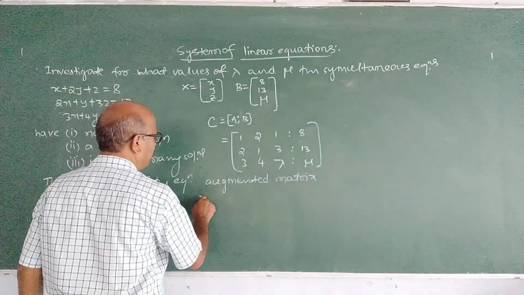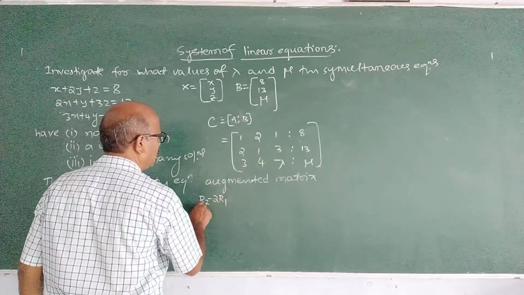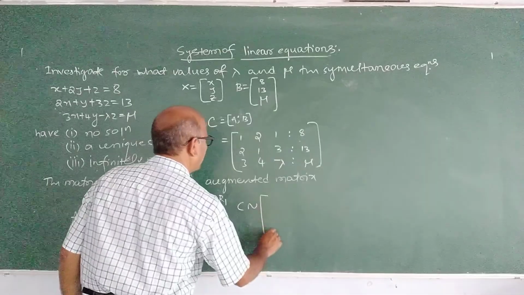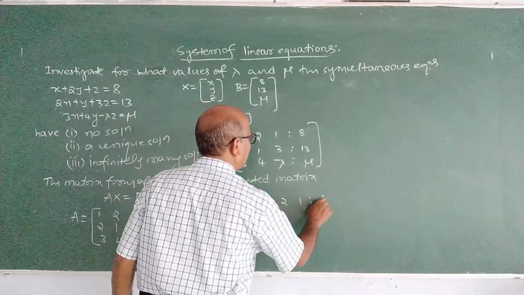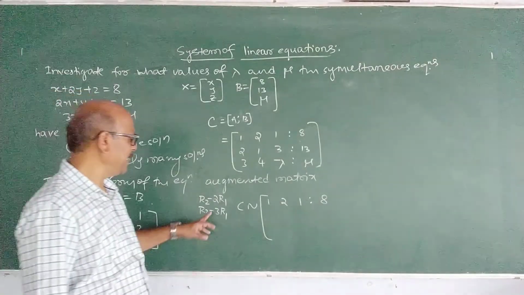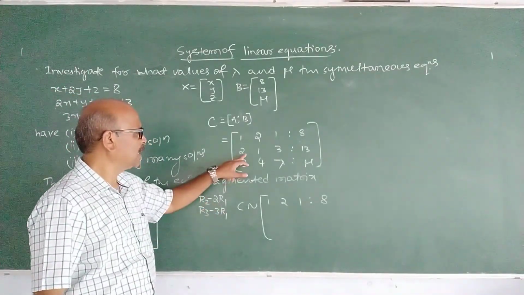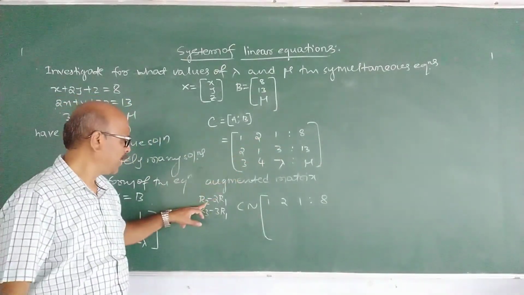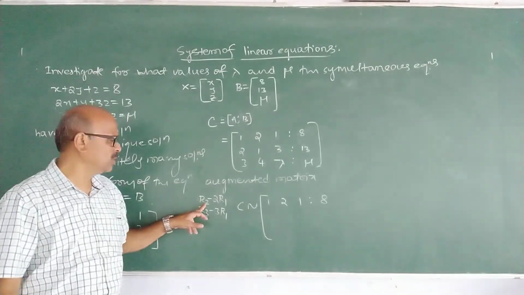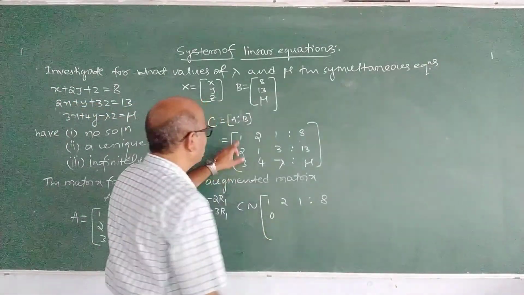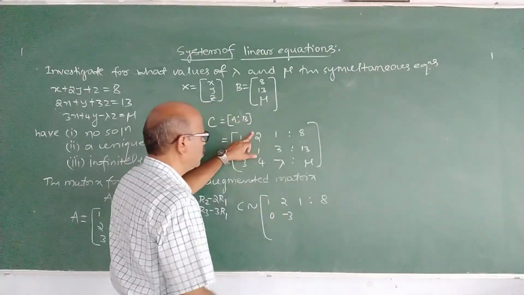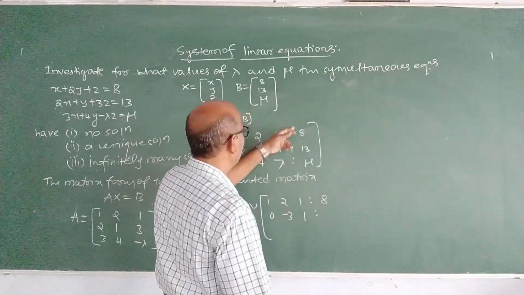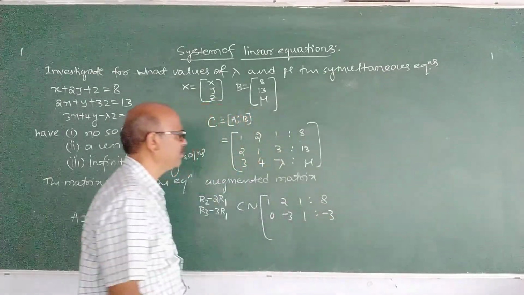So we take R2 minus 2R1, R3 minus 3R1. You will get C is equal to 1, 2, 1, 8. The first row is as it is, but for the second row you subtract 2 times the corresponding elements of the first row from the second. R2 minus 2R1: 2 minus 2 is 0, 1 minus 4 is minus 3, 3 minus 2 is 1, 13 minus 16 is minus 3.